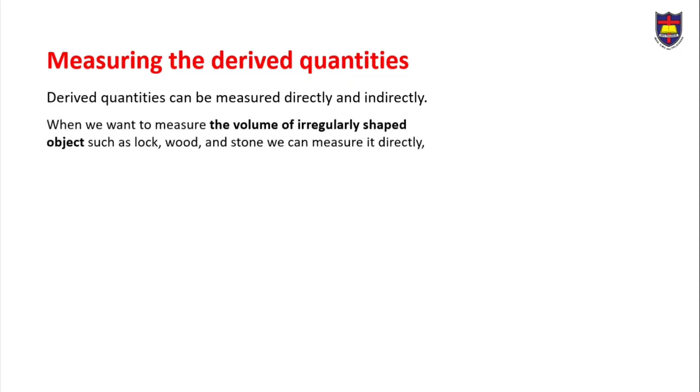Alright, now let's talk about measuring derived quantities. Derived quantities can be measured directly and indirectly. For example, when we want to measure the volume of irregularly shaped objects such as a log, wood, and stone, we can measure it directly. How can it be done? So let's take a look.